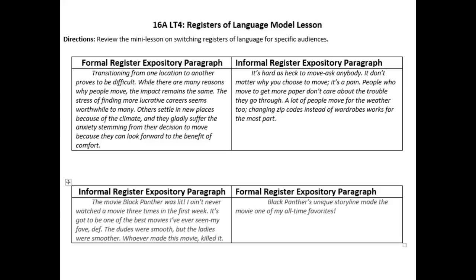Rather than saying lit, I decided to specify what made Black Panther one of my favorites. So I changed lit to unique storyline, and then I also added that it was one of my favorites of all time. So when I moved to the second sentence, I've already said that it's one of my favorites, so I won't be able to use my fave anyway.